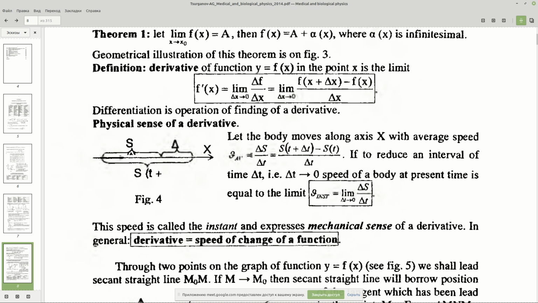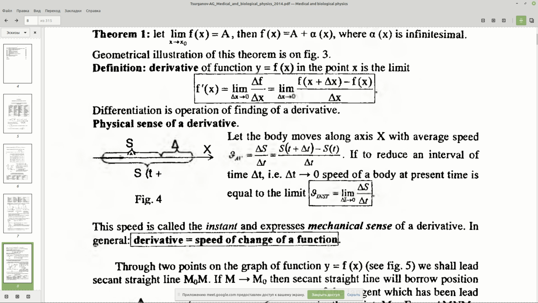So we make the ratio between s of t plus delta t minus s of t, divided by delta t. If we reduce the interval of time, in other words delta t goes to 0, the speed of a body at the present time is equal to the limit of delta s divided by delta t.